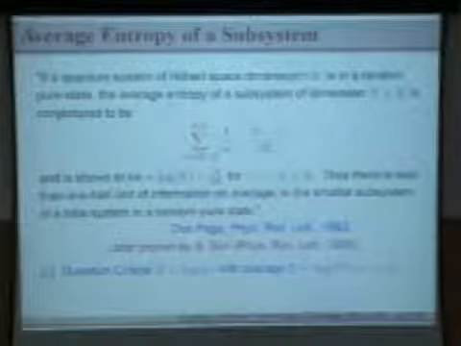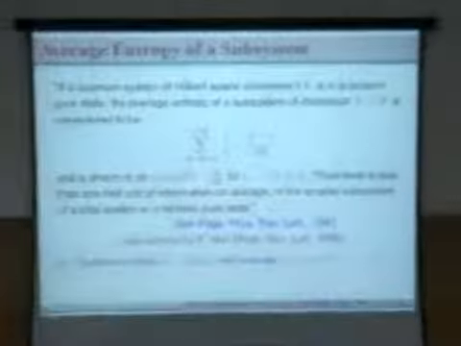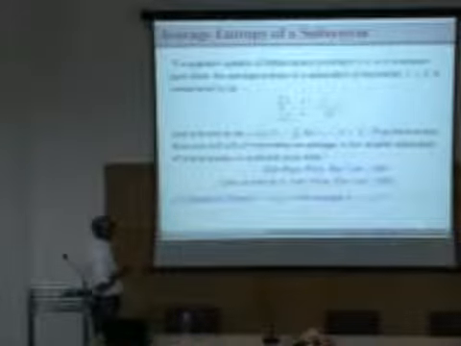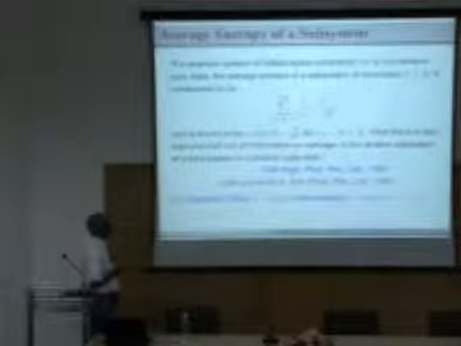Just to state his abstract: if a quantum system of Hilbert space dimension n times k is in a random pure state, the average entropy of a subsystem of dimension n, less than k, is conjectured to be this very nice simple formula, and is shown to be of the order of log n minus n by twice k, where n is the smaller of the dimensions. Thus he concludes that there is less than half a unit of information on average in the smaller subsystem of a total system in a random pure state.